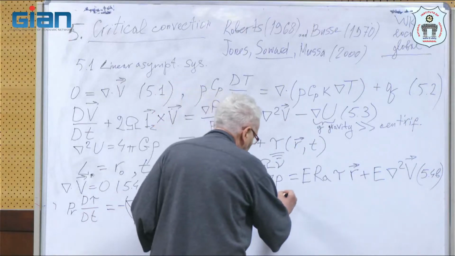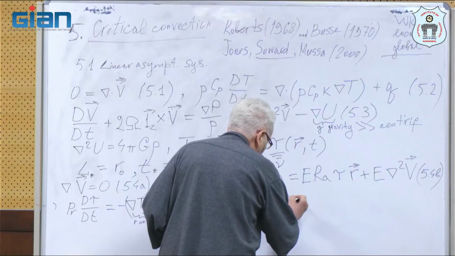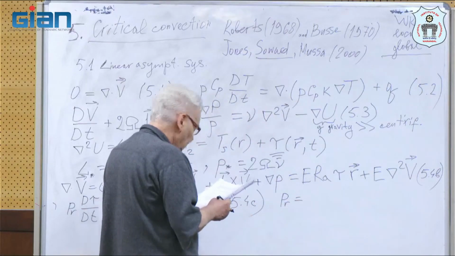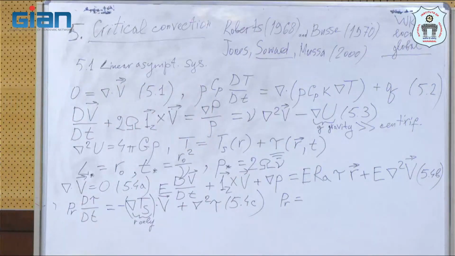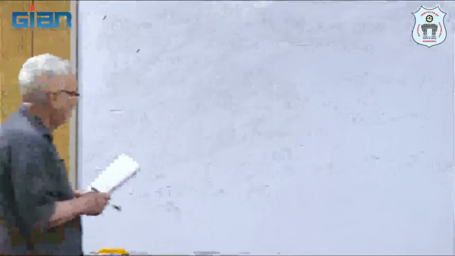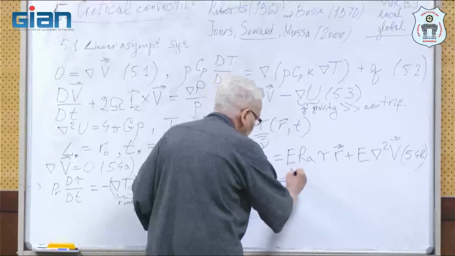First of all, we write down the Prandtl number. Are they listed here? Yeah, everything is listed. The Prandtl number is the ratio of viscosity to diffusivity.